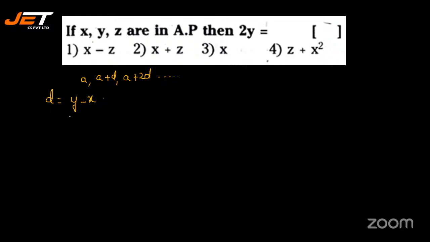So this is the common difference, y minus x. If they are in AP, then what is 2y? Right, so now here we can use the formula, like how we use b square is equal to AC in geometric progression. Similarly, even for arithmetic progression, we can use a formula and then find the value of 2y.